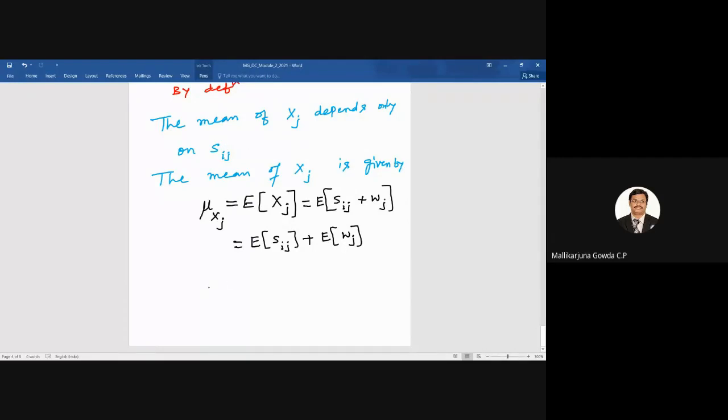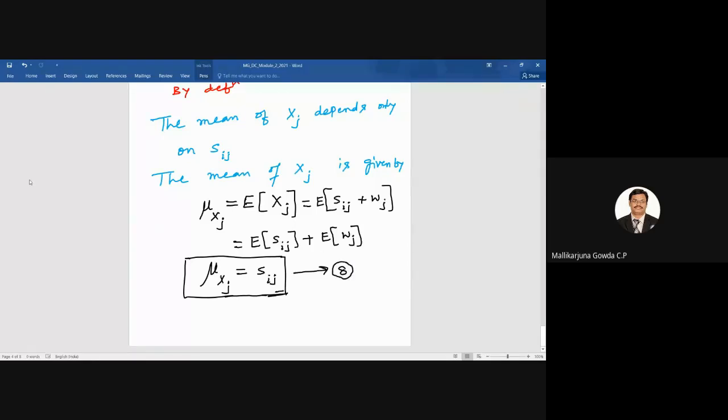So I can write mu xj, that is the mean of the random variable xj, is equal to Sij. Let me call this equation 8.